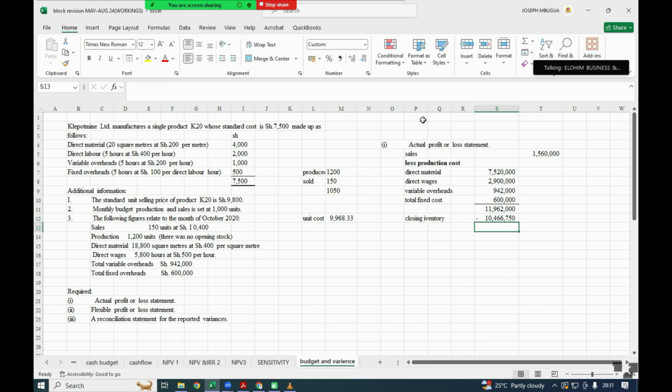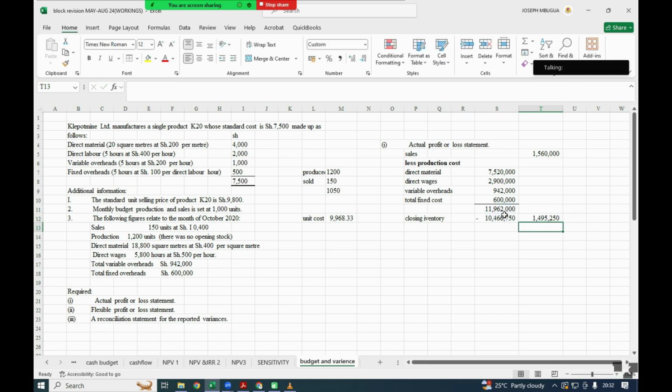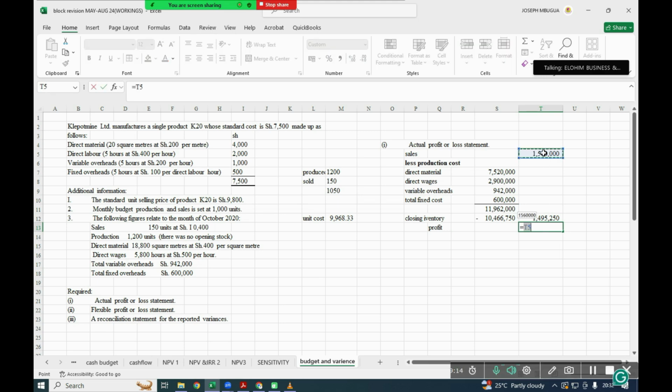I can put a negative sign on the closing so that here we get these two. So the cost that we incurred to support sales of 1,560 was 1,495, and it will give us a profit, the difference between the two.